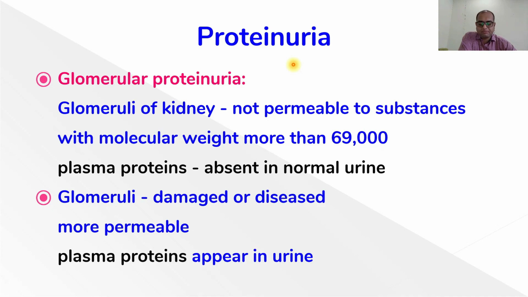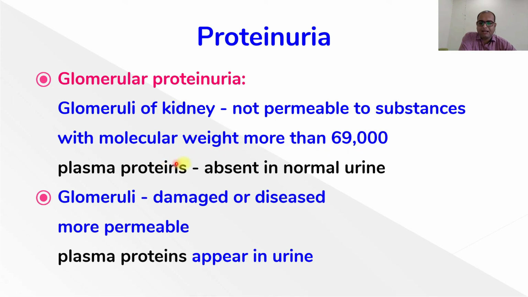Proteinuria means the presence of protein inside the urine. Normally protein is excreted in very small amounts, but if more is coming out, then it is a condition called proteinuria. That can be glomerular proteinuria. Glomeruli are normally not permeable to a molecular weight of more than around 69 to 70,000 daltons.